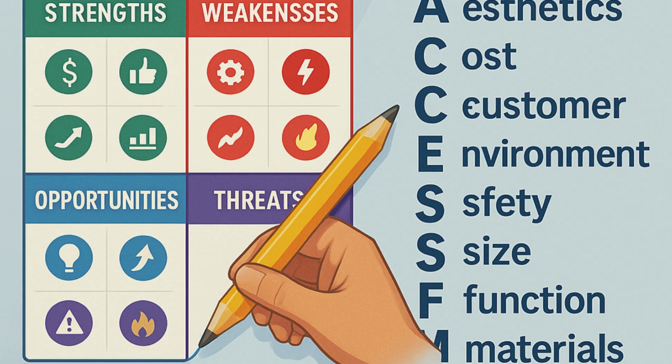A strong comparison includes statements like, product A is more durable than product B because it uses aluminium instead of plastic. Product C provides better ergonomics due to its contoured handle. Product B offers the best value for money. Comparing your products demonstrates the depth of your analysis, which is what the highest bands require.